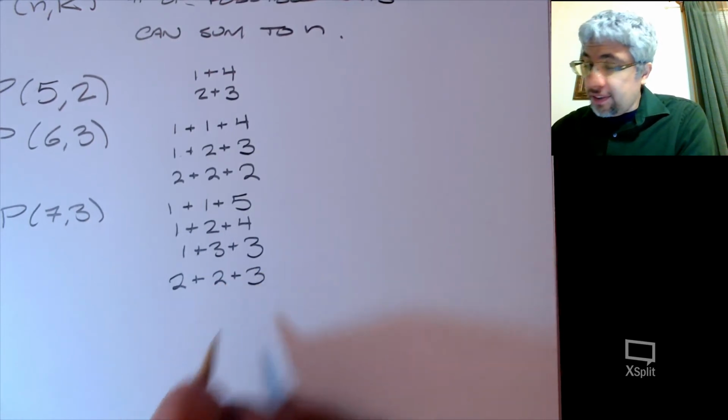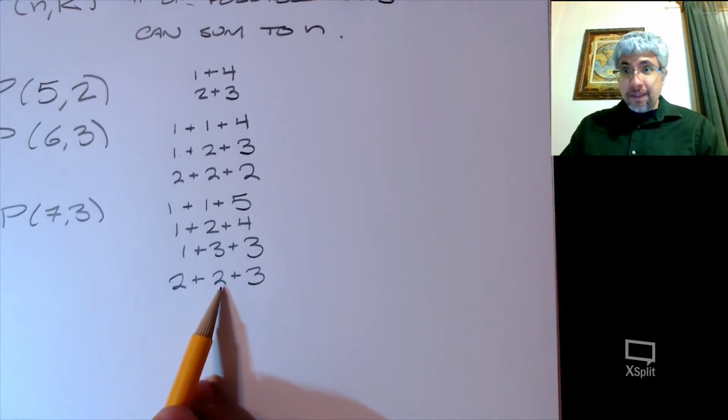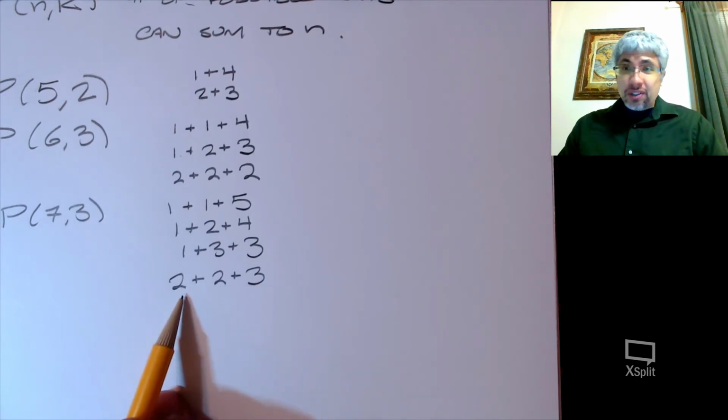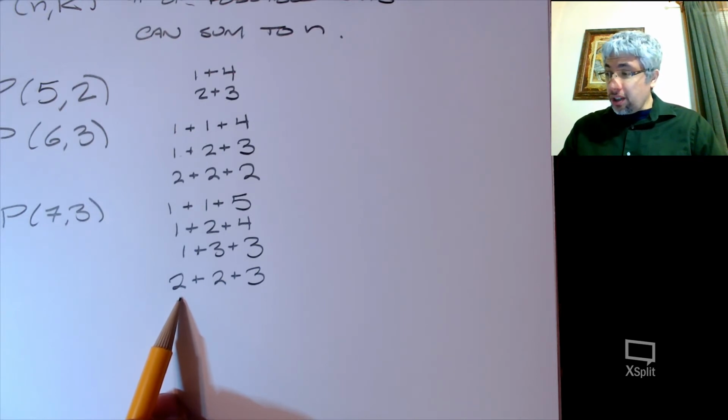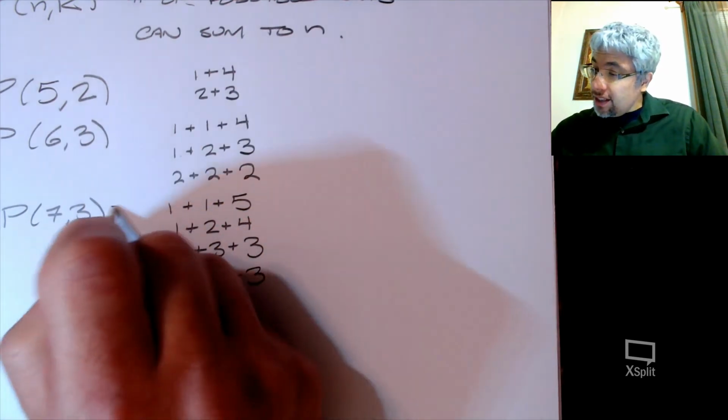And that's it, because if I try to do 2 plus 3, I'm stuck. I'd get a 2 and a 3 and a 2, and I've already listed that. If I try to start with a 3, I'm in trouble there, because I'm going to have a 3 and a 1, or a 2 and a 2. If I start with a 4, it gets worse. I have to have a 2 and a 1. So this is it. So P(7, 3) is 4.